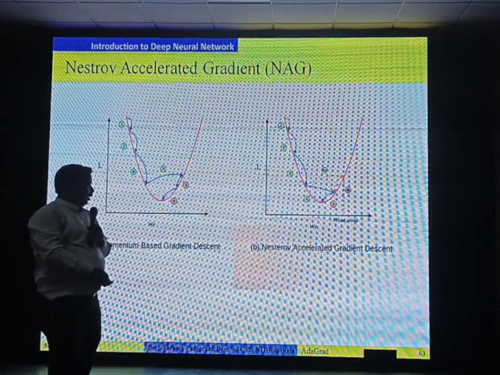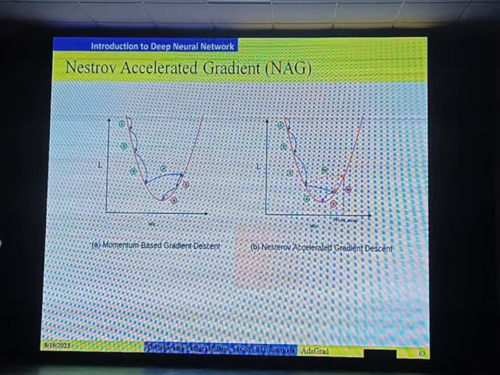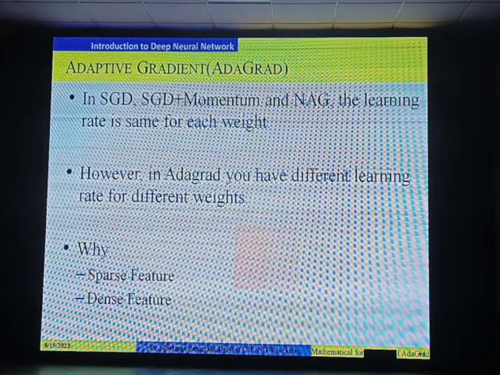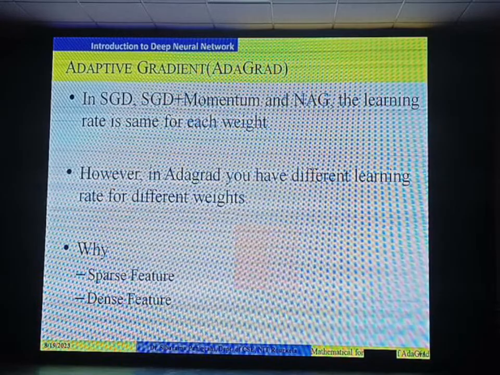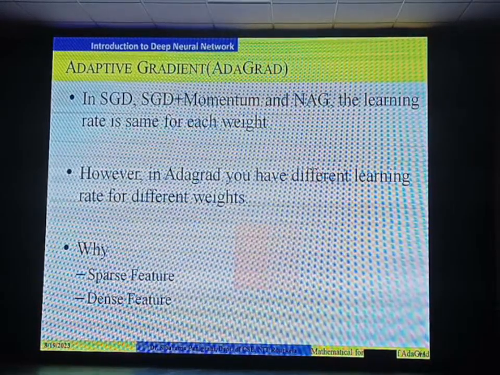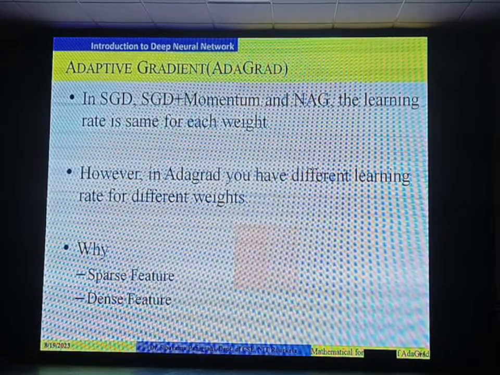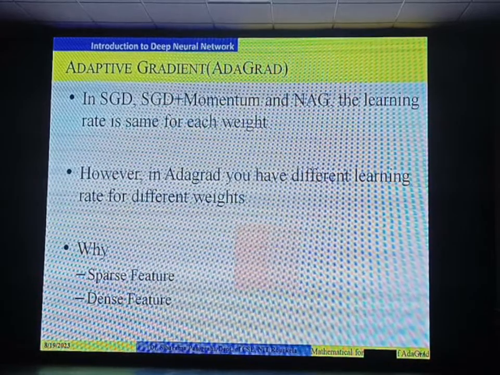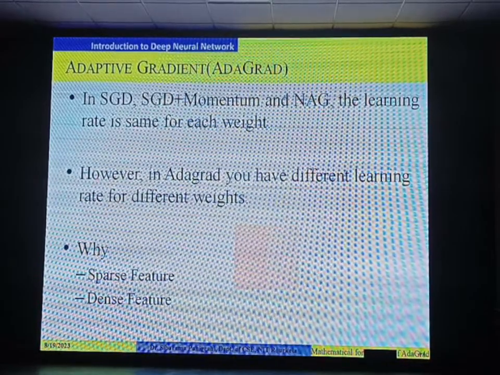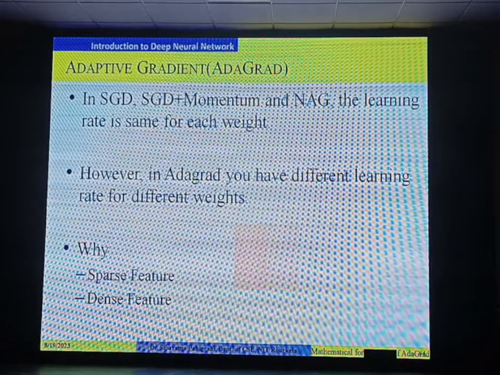Right? So next one is Adagrad. In accelerated gradient descent, SGD and SGD plus momentum, the learning rate is the same for each weight. But in Adagrad, the adaptive gradient algorithm, they have set different learning rates for different weights.